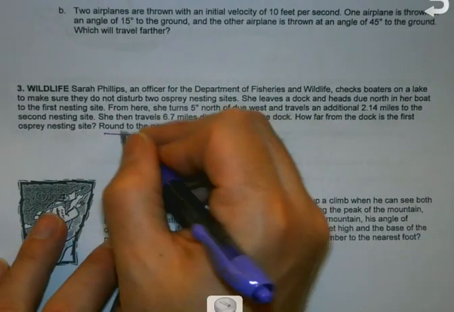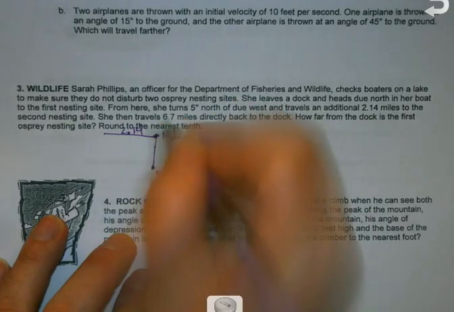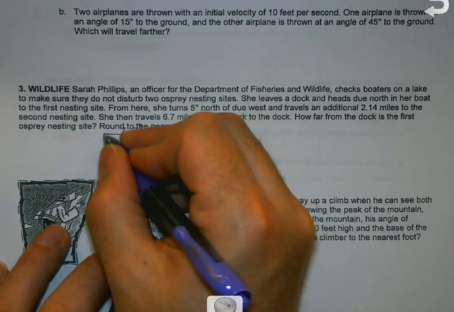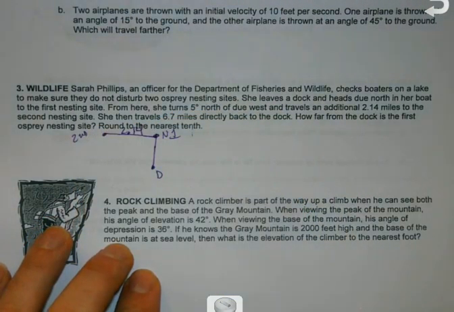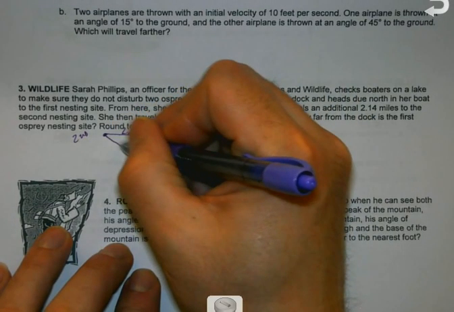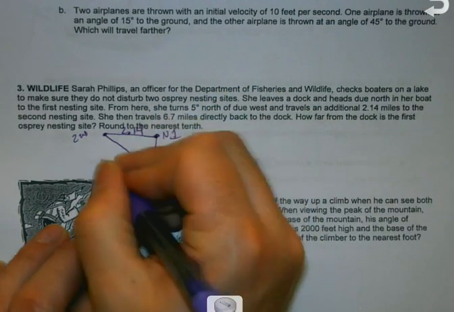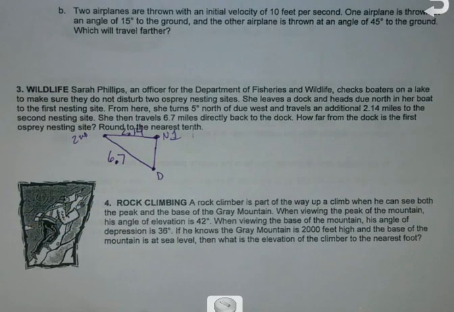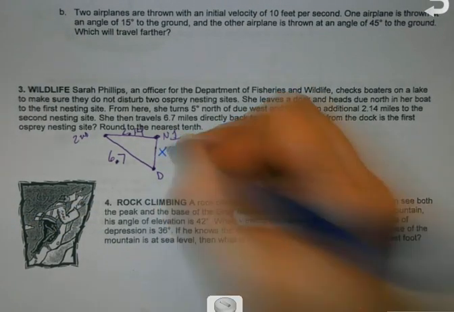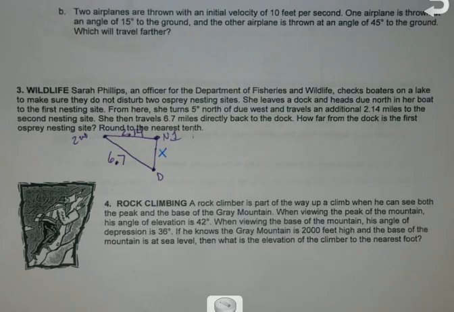And travels an additional 2.14 miles to the second nesting site. She then travels 6.7 miles back to the dock. How far from the dock is her first nesting site?